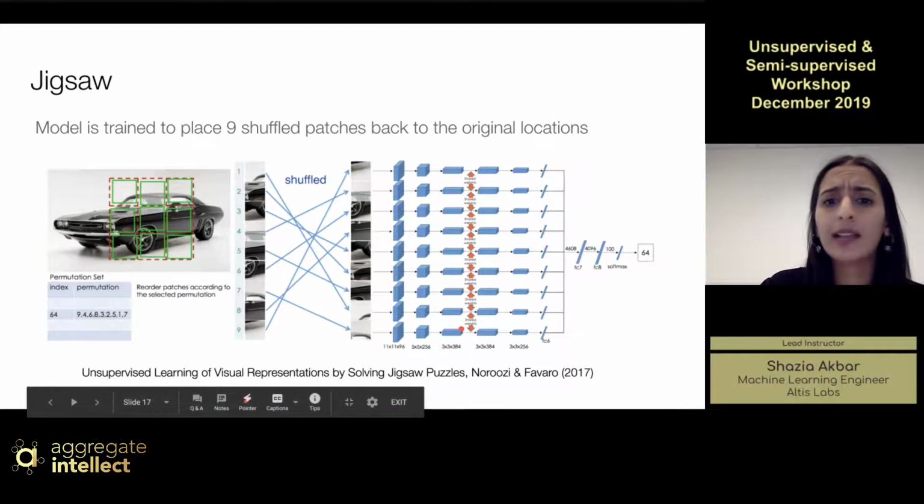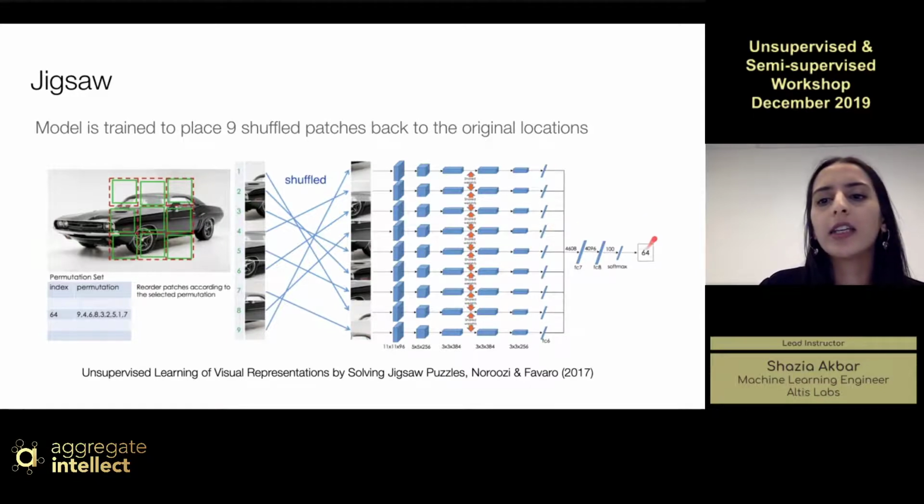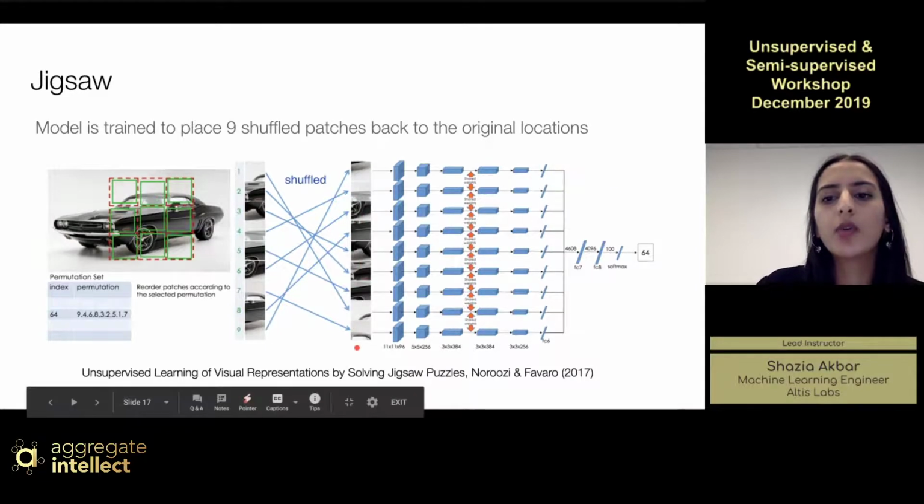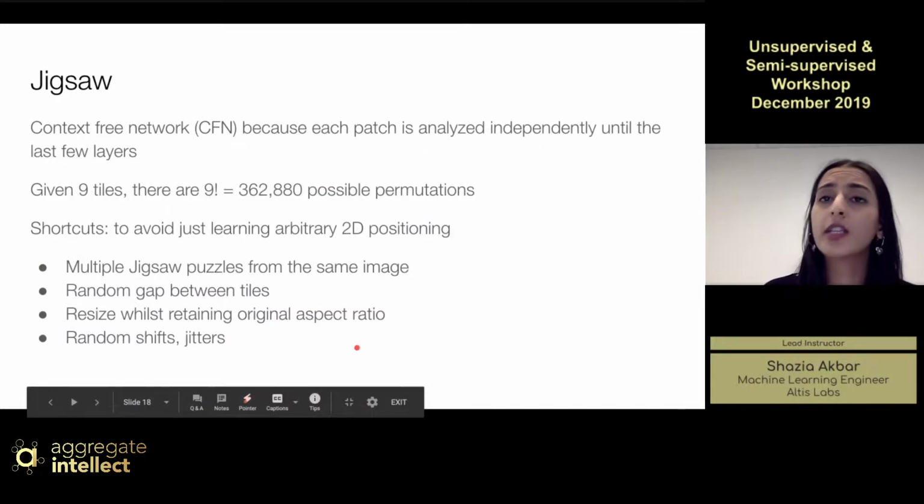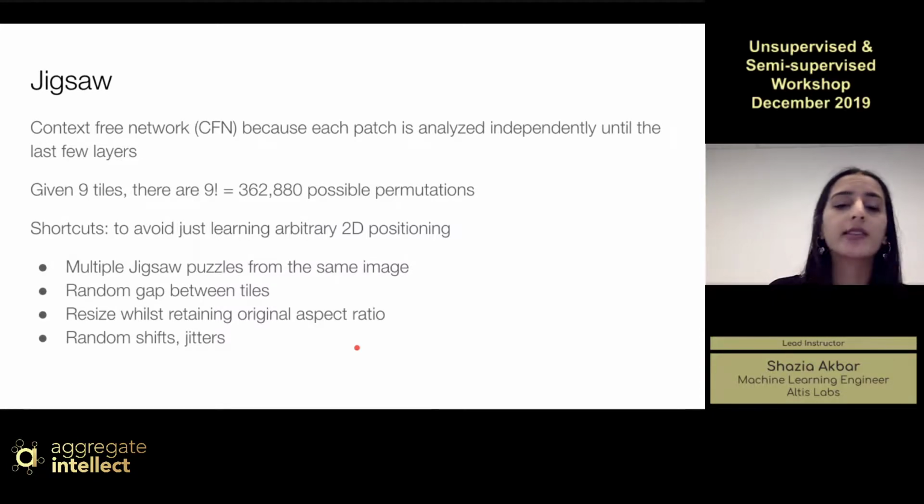Here I think they use AlexNet just to process each individual patch. And the task here is to determine which order all of those 9 patches should come in. It's called a context-free network because you're processing each patch independently, and then only in the last layer are you aggregating all the information on all the abstract features that you've captured.